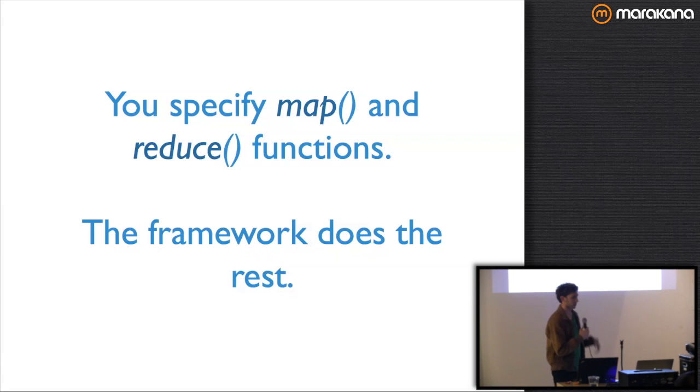I'm going to go into this a little more heavily in the next slide. And so a reducer also gets a key with a list of values that correspond to it as input, and outputs something else.